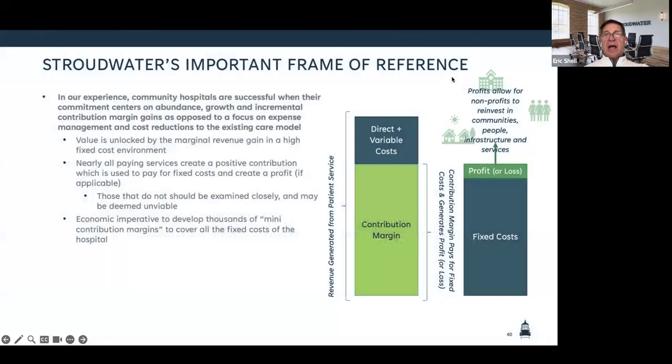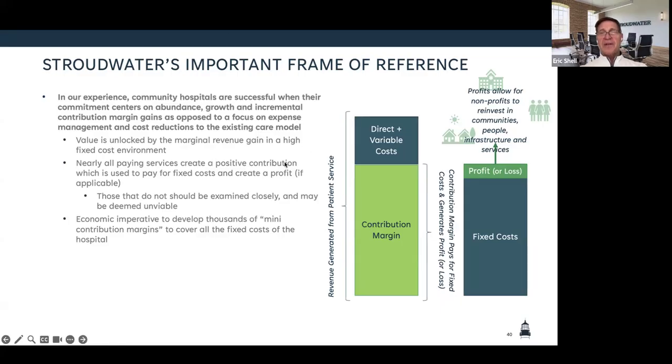There are three things. I've probably been to 400 rural hospitals in 29 years, and the hospitals that do these three things well tend to outperform all others. And I've got some case studies to back that up a little bit.